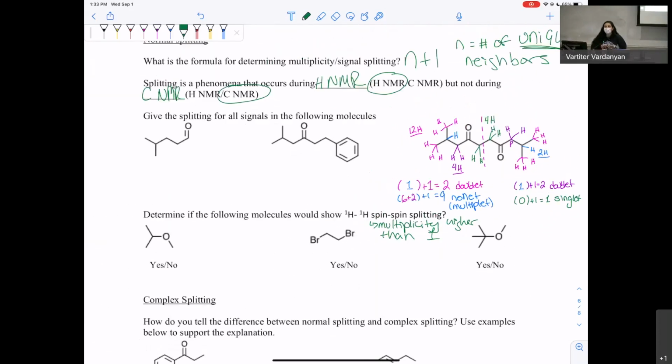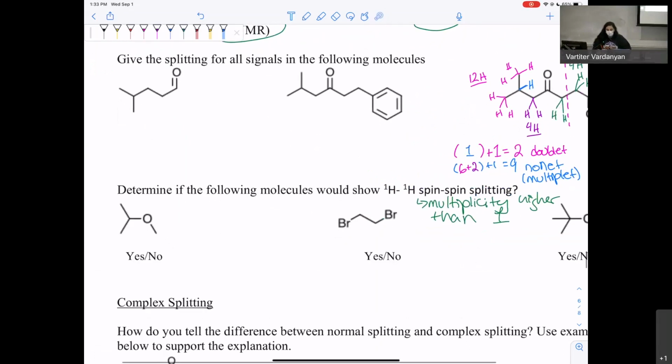So everything besides a singlet has inherently spin-spin splitting. Exactly. So if he asks you a question like this, he just wants to know, is there at least one signal that has spin-spin splitting?